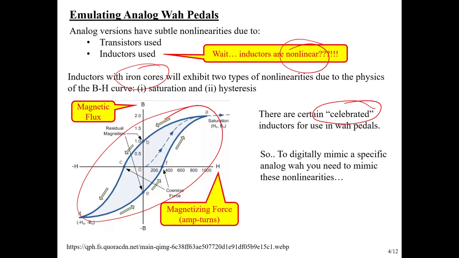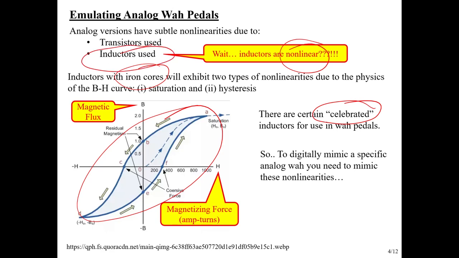But here's the point. If we want to digitally mimic a specific wah-wah pedal that was originally done with an analog circuit, you need to mimic the exact nonlinearities that are in there. So you should find out what kinds of transistors are in there and then use the techniques we'll talk about later to mimic nonlinear circuit elements. And you should also do the same thing for the inductors.